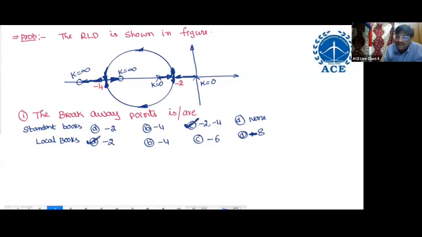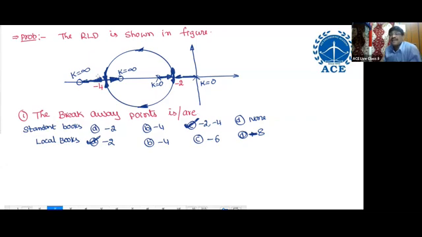Actually, breakaway points are where branches move away, here also moving away, here also moving away. Both are breakaway points only. But local author books consider only the point where they leave the real axis as a breakaway point. That is wrong actually, but we cannot write wrong, so you should select the answer. That means first you observe the options and then select. In case both are there, select both.